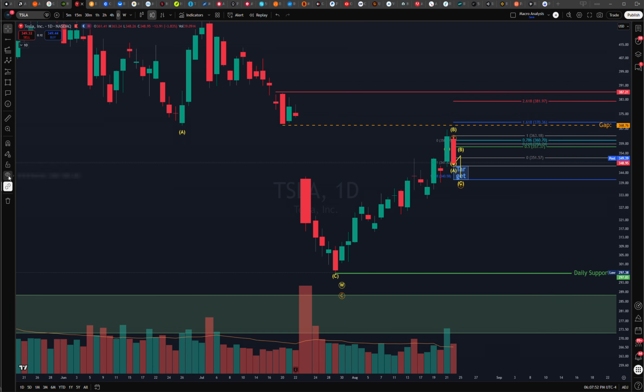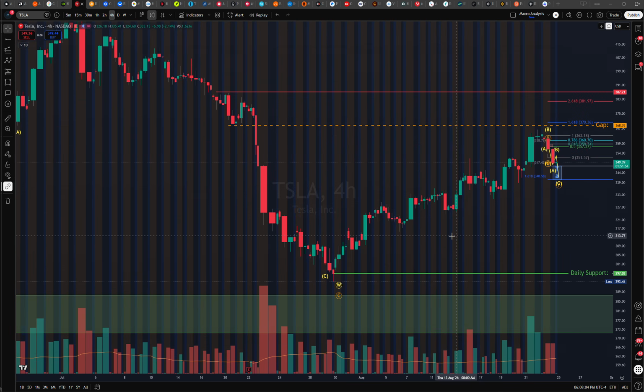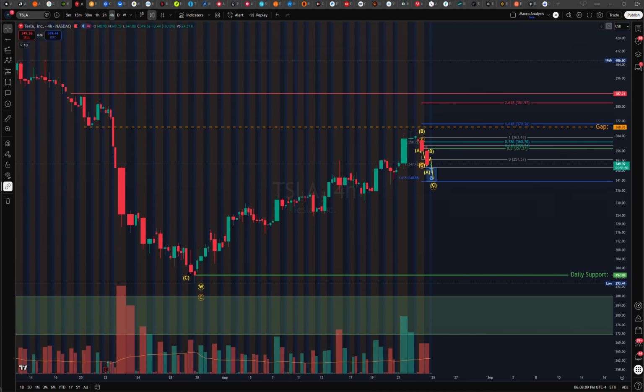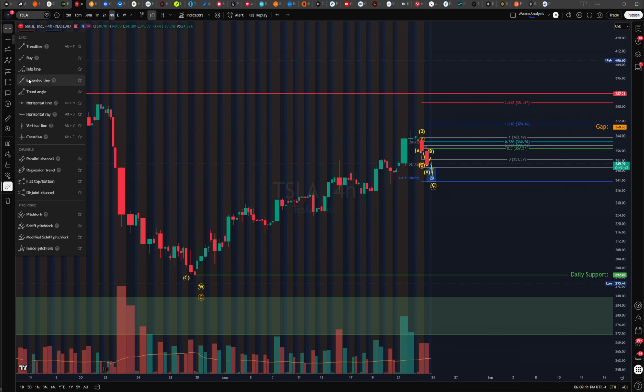I exit all my Tesla TSLA long position, so I'm out of it. So I think it's very likely that Tesla could start a retracement to come back down, and it'll decide whether or not it wants to create a new low, or is it going to create a higher low.